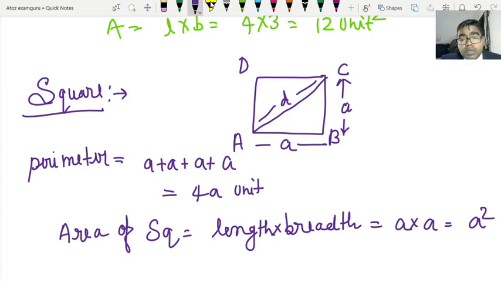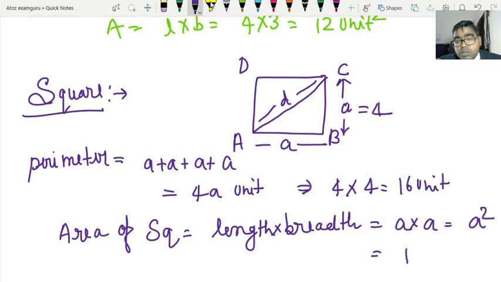Right, friends. Let us take the side as 4, then what is the area? 4 into 4 means 16 unit square.